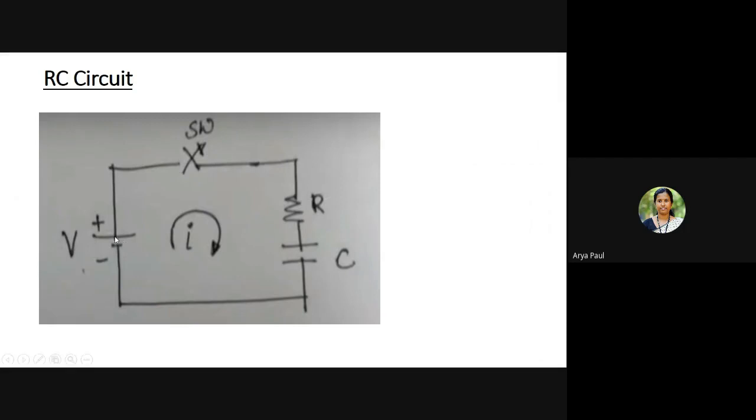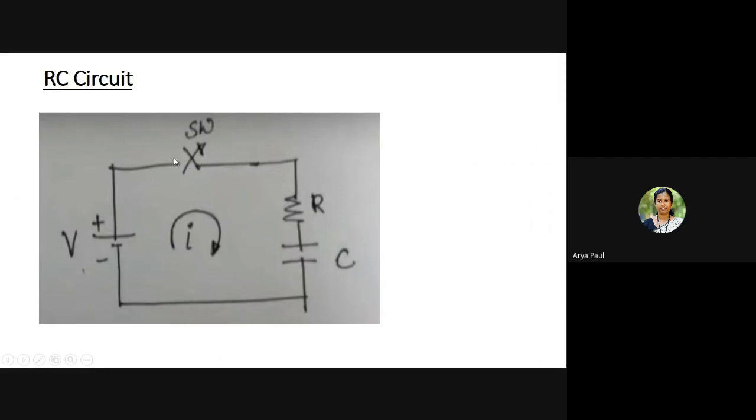A potential V is applied across R and C. Suppose that before closing the switch, the initial voltage across the capacitor is 0. There is no charge on the capacitor.